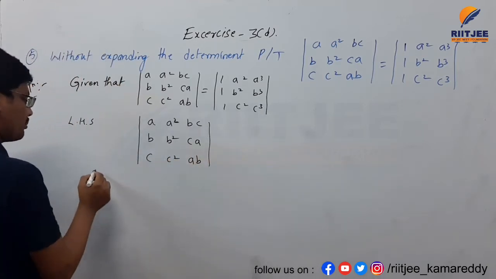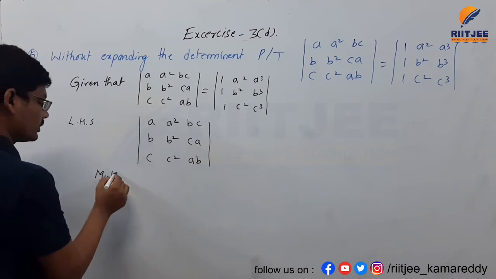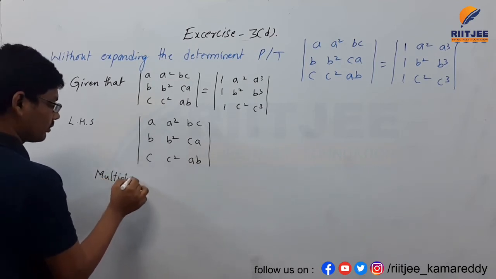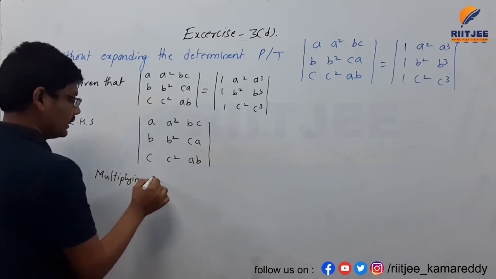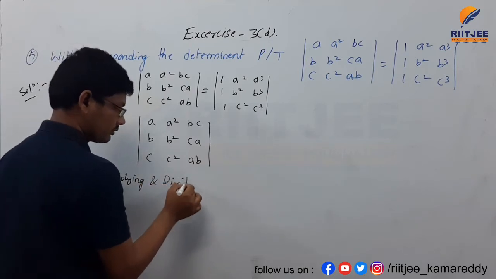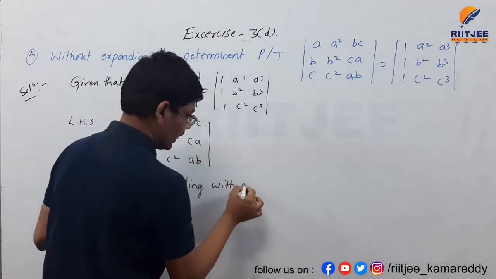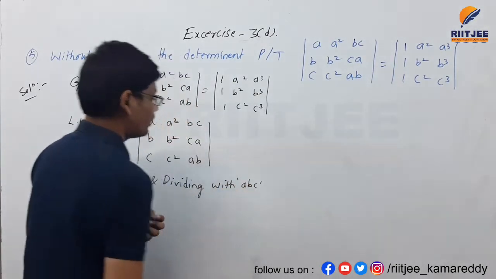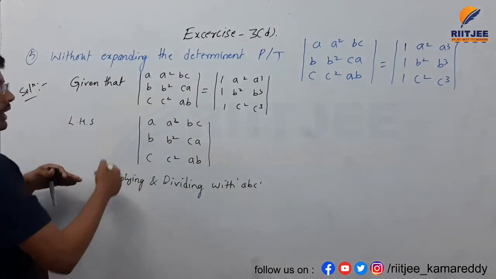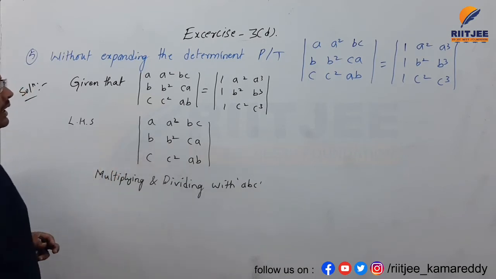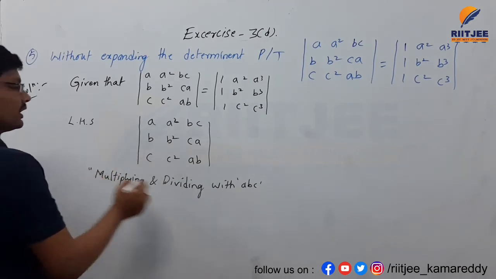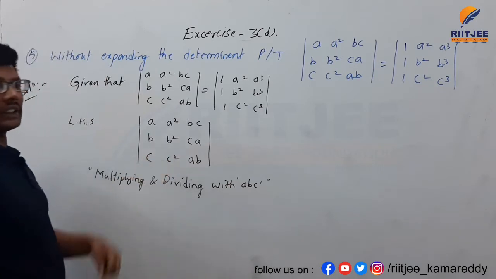So here I am multiplying and dividing with A, B, C. If you multiply and divide with any term, the resultant one is the same as the previous one.